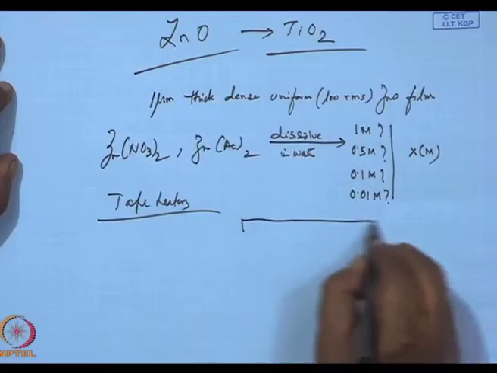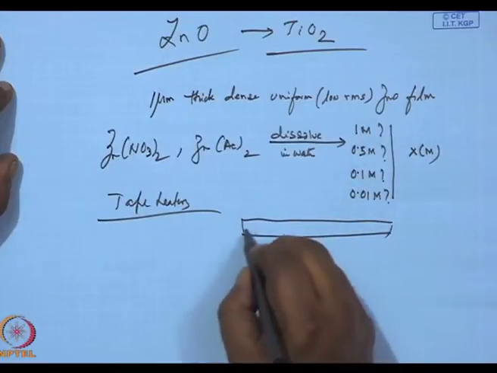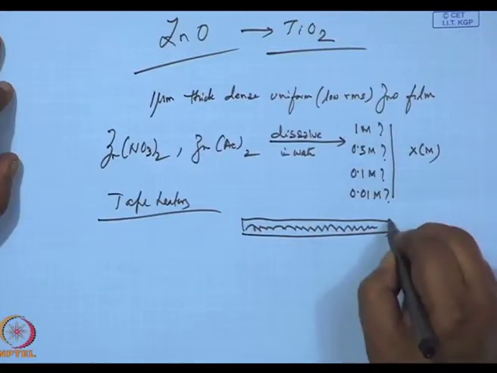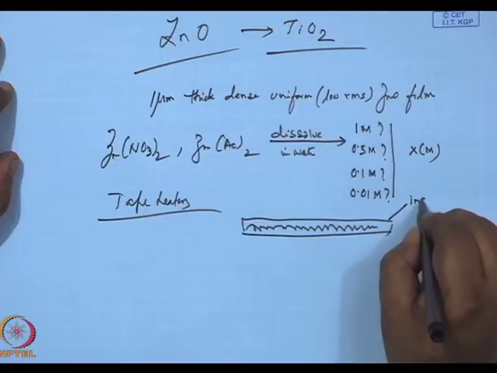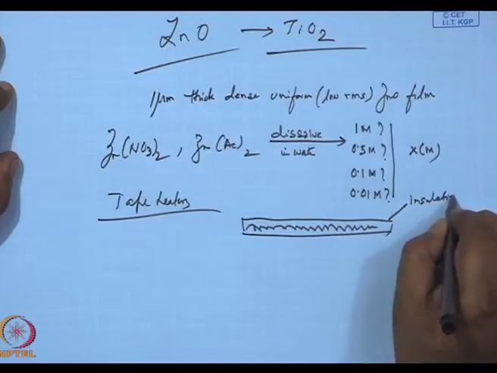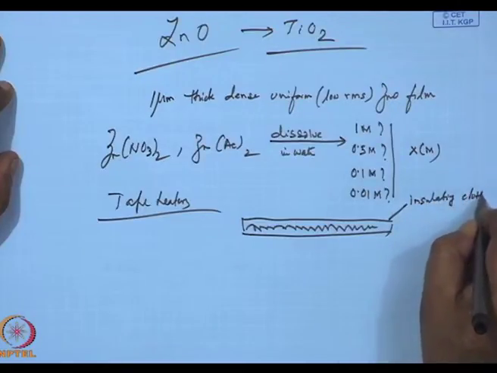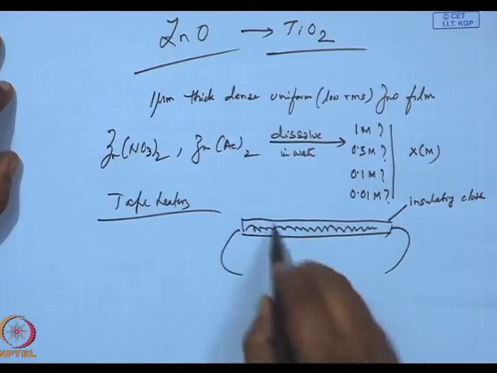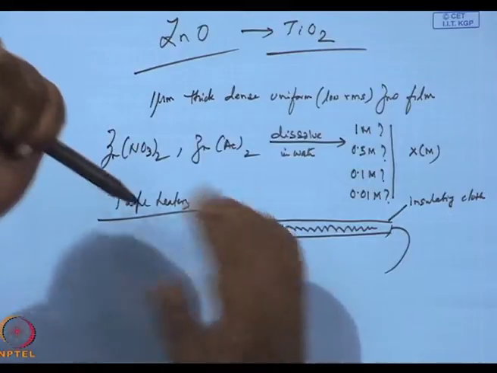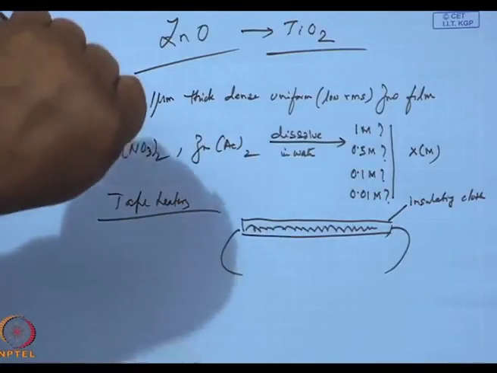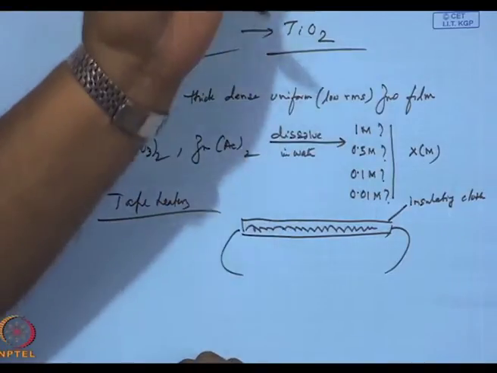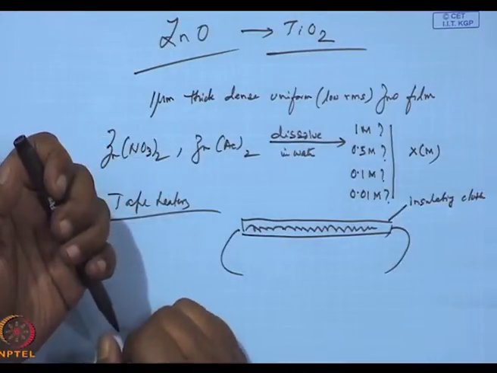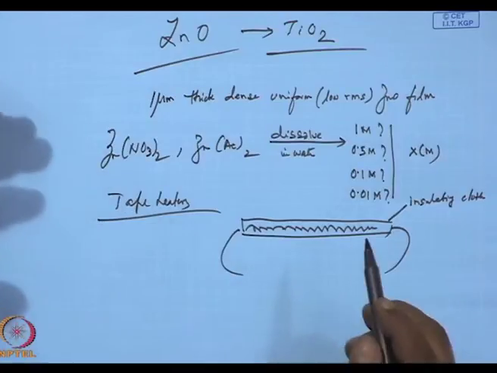They have resistively loaded coils in them, the outside cover is insulating cloth, and these are the two leads. This tape heater can be wound around any object like this. You can wind it around it.